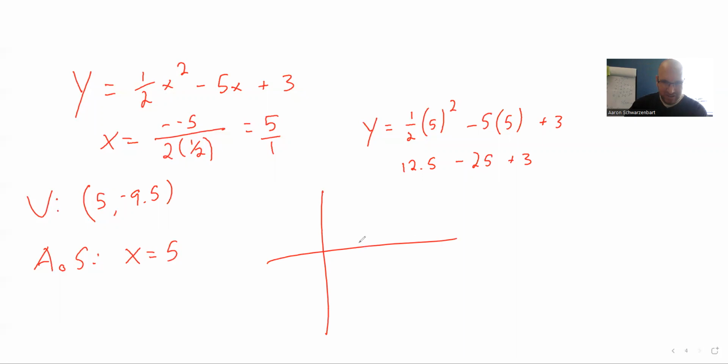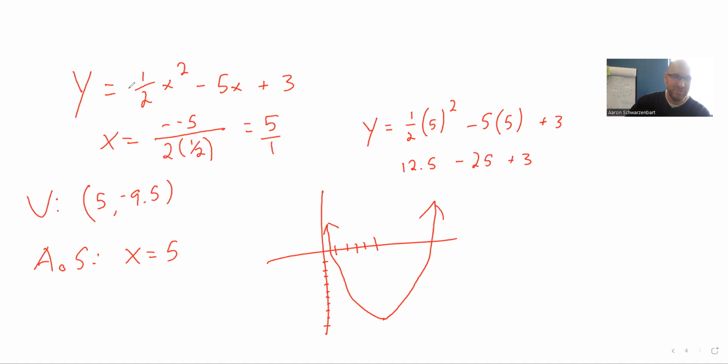I can throw that on the graph. So I graph my vertex. And all I really need to show at this point is that my parabola is opening up because this a value here is positive.